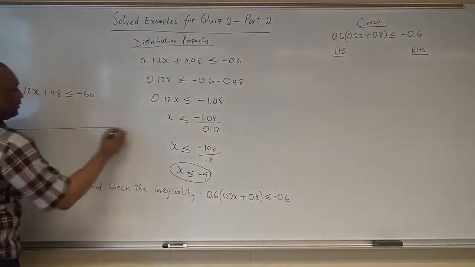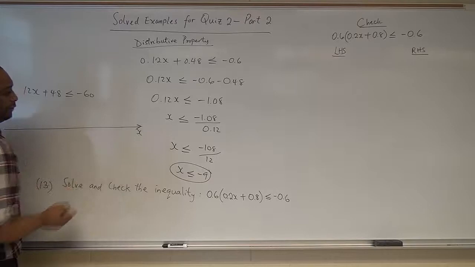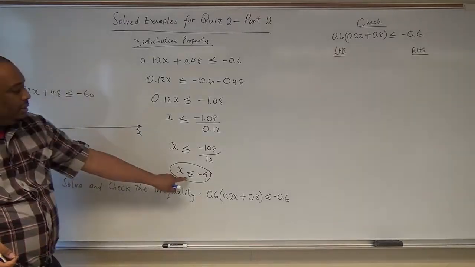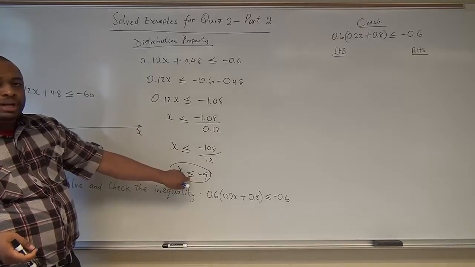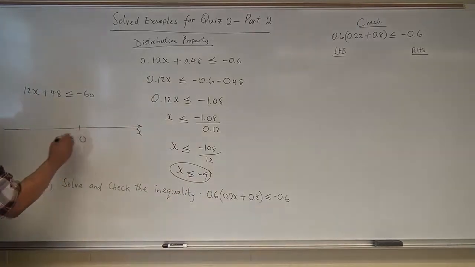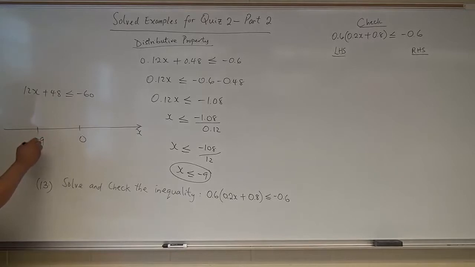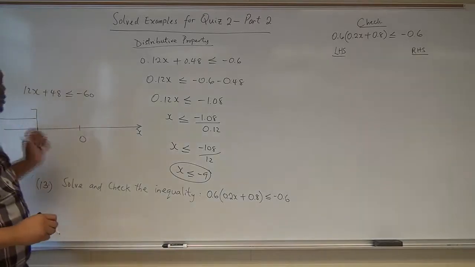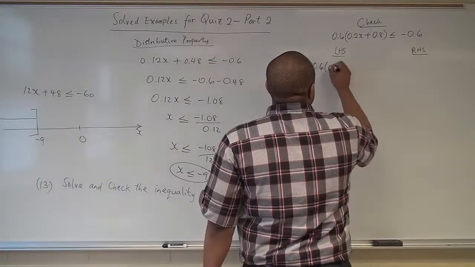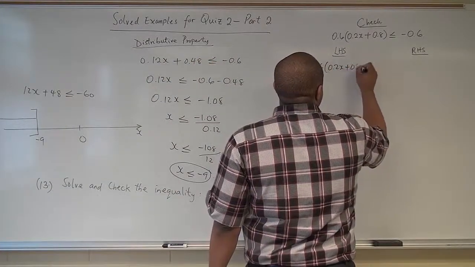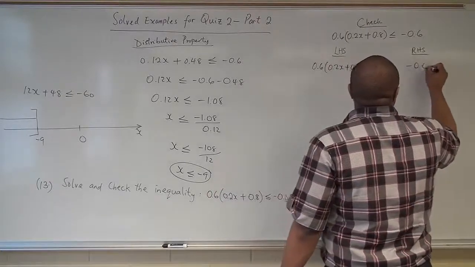We don't want to use negative 9 exactly, although if you use it, it does not matter because you have less than or equal to. So this is 0, this is negative 9. This will be less than that. This will be closed, going left. Okay?